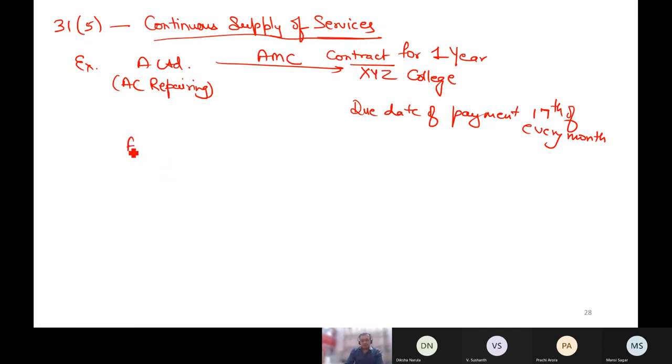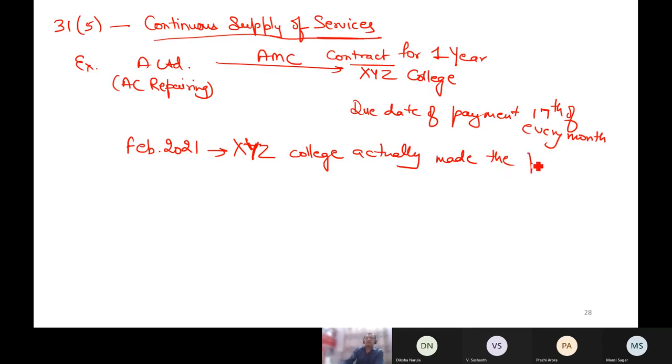Now for Feb 2021, XYZ college actually made the payment not on 17th Feb, which should have been as per the contract, but on 22nd Feb. Now I want to ask you, can you tell me the last date by which the invoice has to be issued?